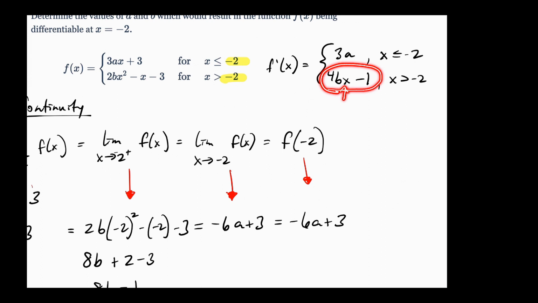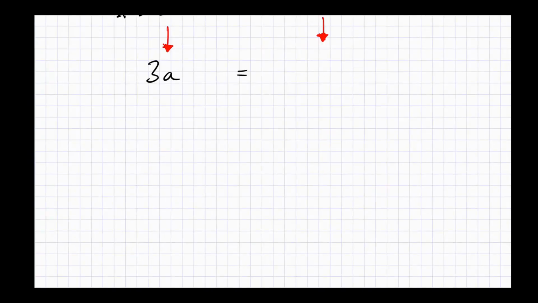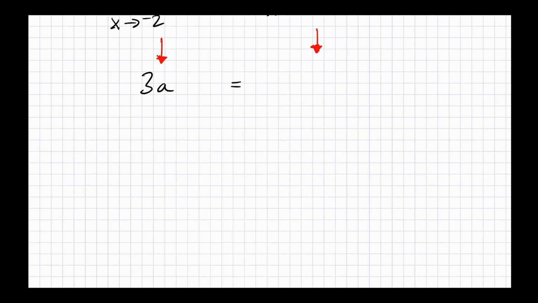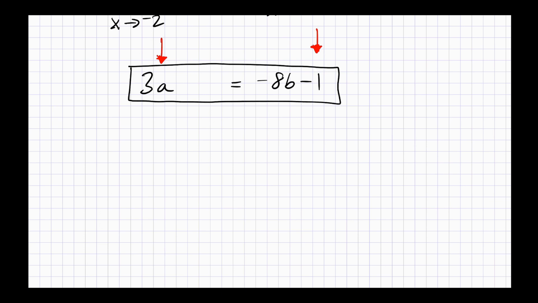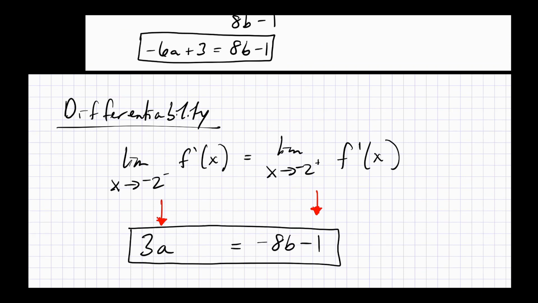So I'm going to plug in -2 for x. So -2 times 4 is -8b minus 1. So again, it's in terms of a and b. Here's my question now. Am I done?